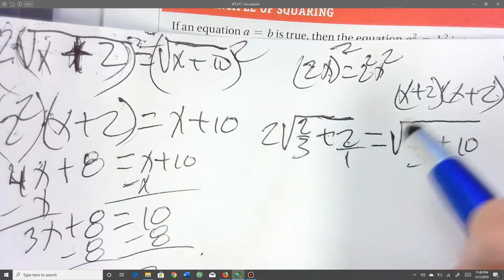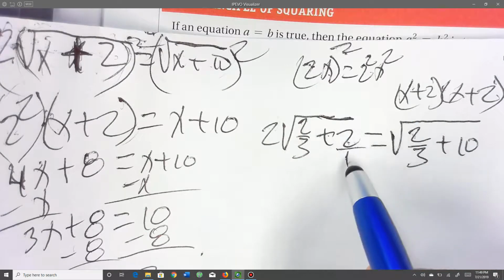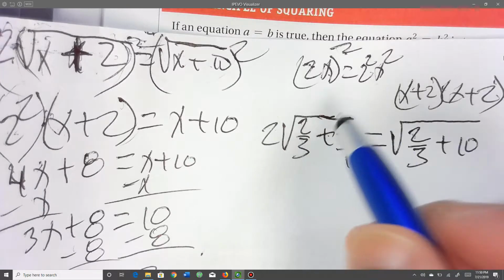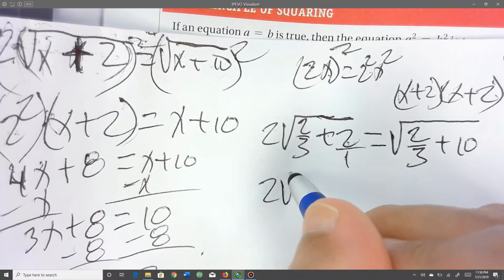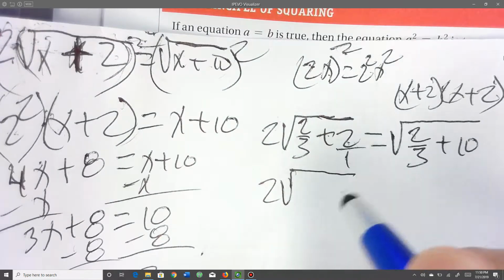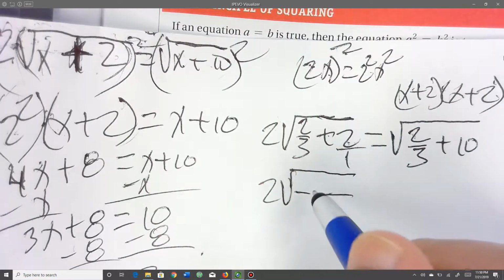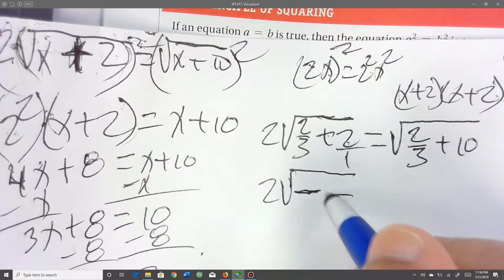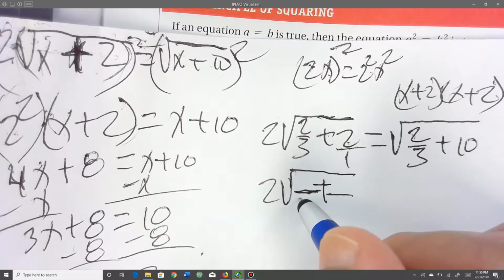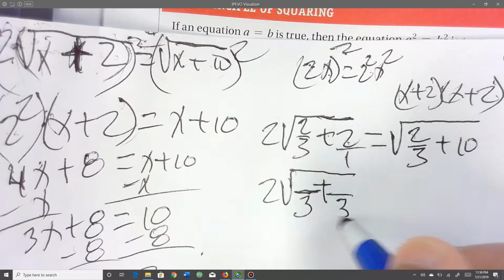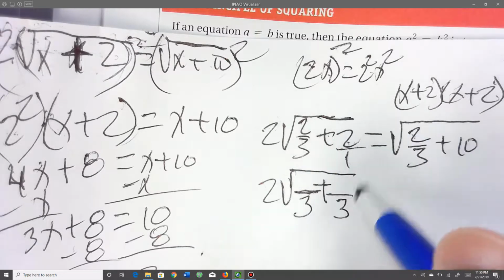I can think of this as being 2 over 1, and since I'm going to rewrite this 2 over here, and since I know that I need common denominators, the operation is going to be addition. My common denominator is going to be 3.